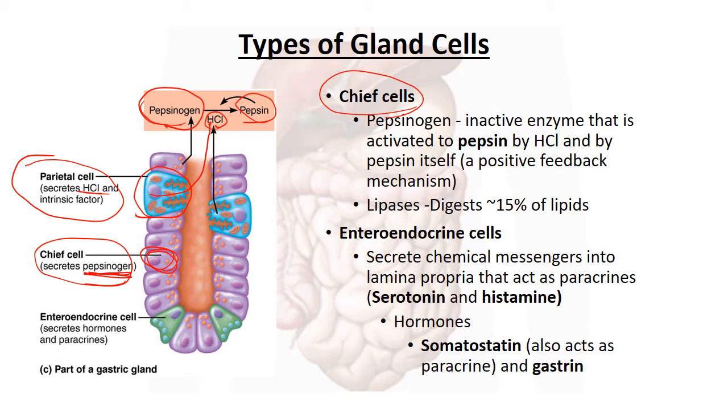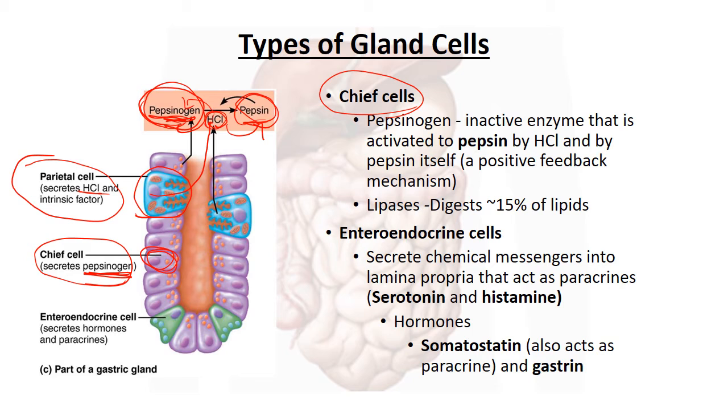So the chief cell secretes an inactive enzyme called pepsinogen. The hydrochloric acid alters the pepsinogen, which causes it to become pepsin, which is the activated version. That's the one that does the degrading of proteins.